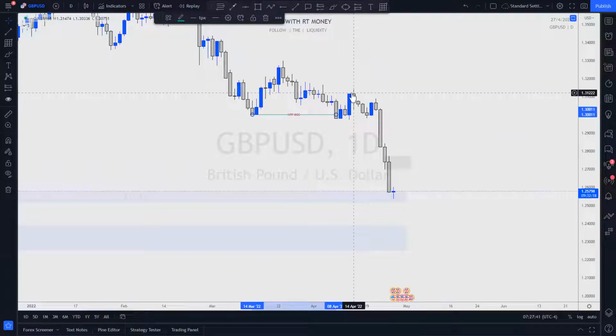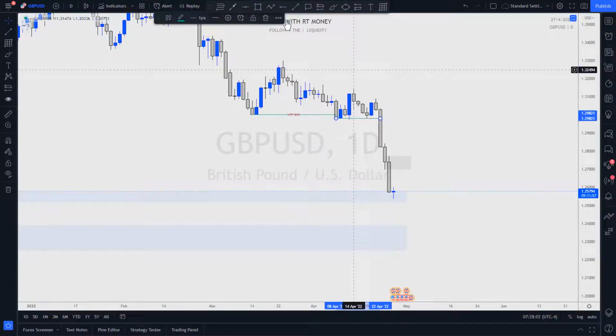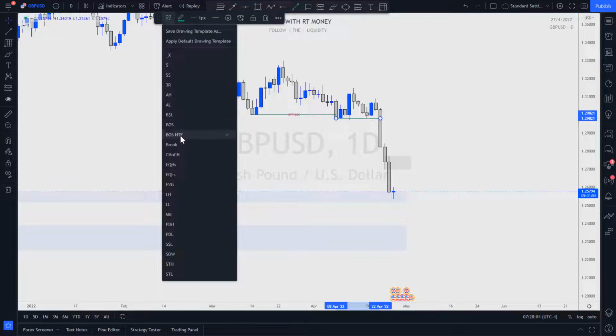We have a return to impulse after a break of structure, and price continues lower. There is another break of structure. This low was taken out, not by that wick. Here, that's another break of structure.